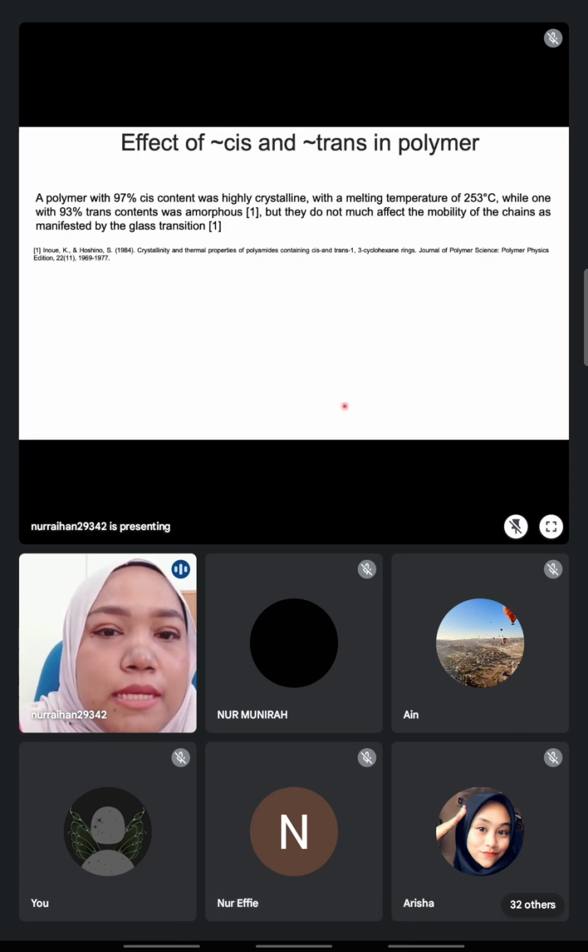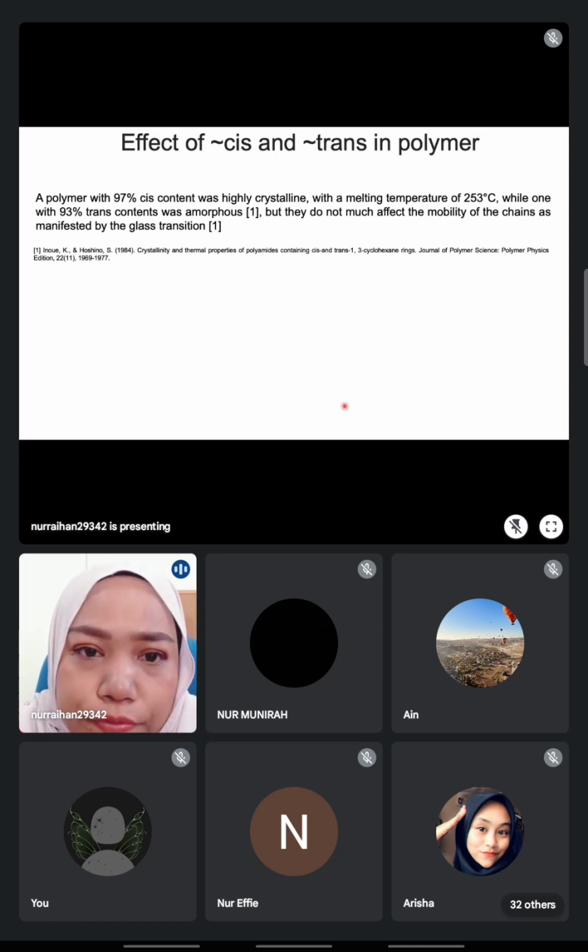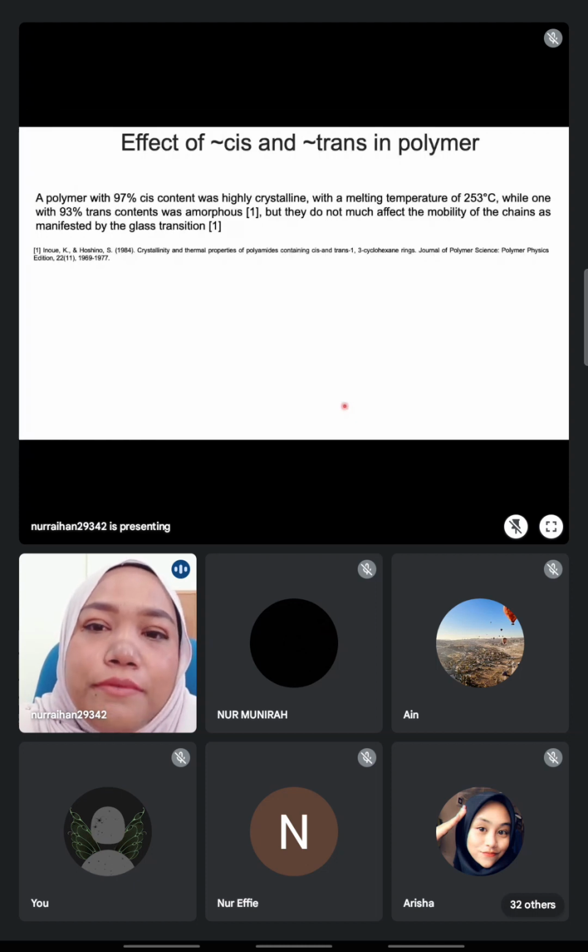The polymer will be considered highly crystalline because the pendant groups are arranged on the same side, so they are able to form a very regular packed arrangement. So a polymer with high cis content can be highly crystalline.